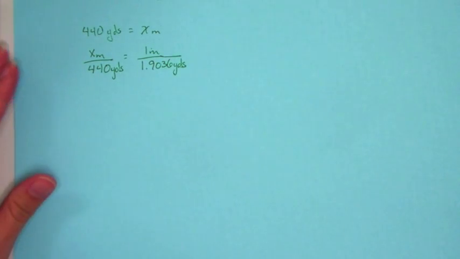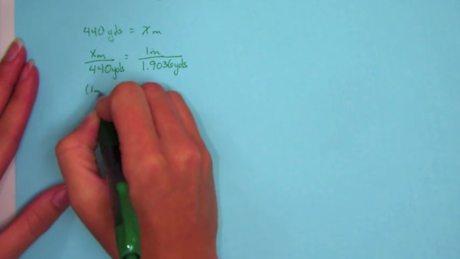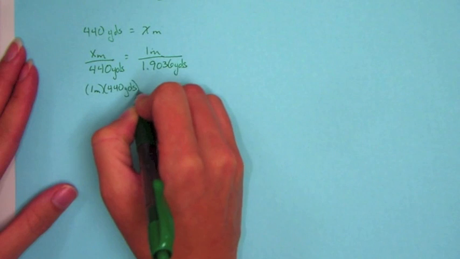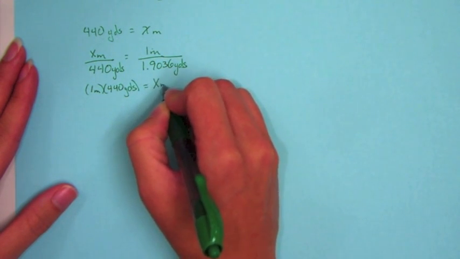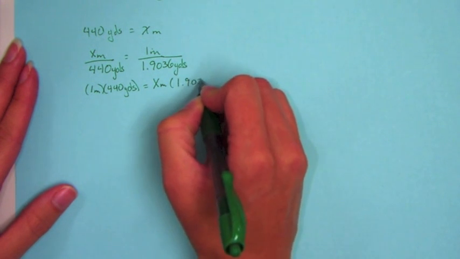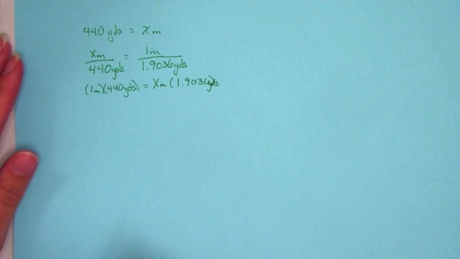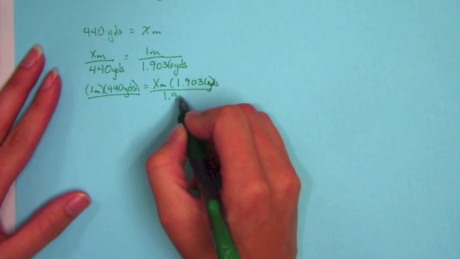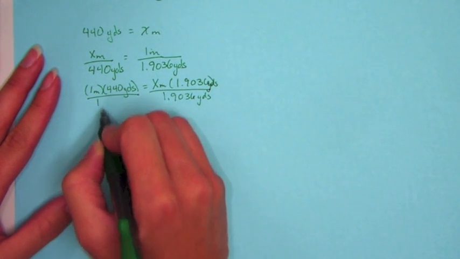So if we do this math, if we cross multiply, we end up with 1 meter times 440 yards, X meters in yards. So we do that, divide both sides to get meters by itself, or to get the X by itself.